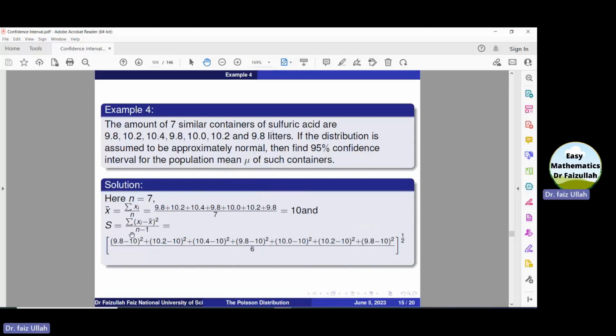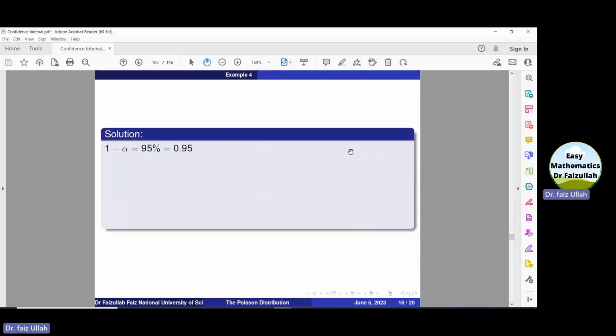To find the value of s, we use this formula, and after simplification we get s is equal to 0.328. Now here we need the 95% confidence interval. So we substitute 1 minus alpha is equal to 95%, which is equal to 0.95.